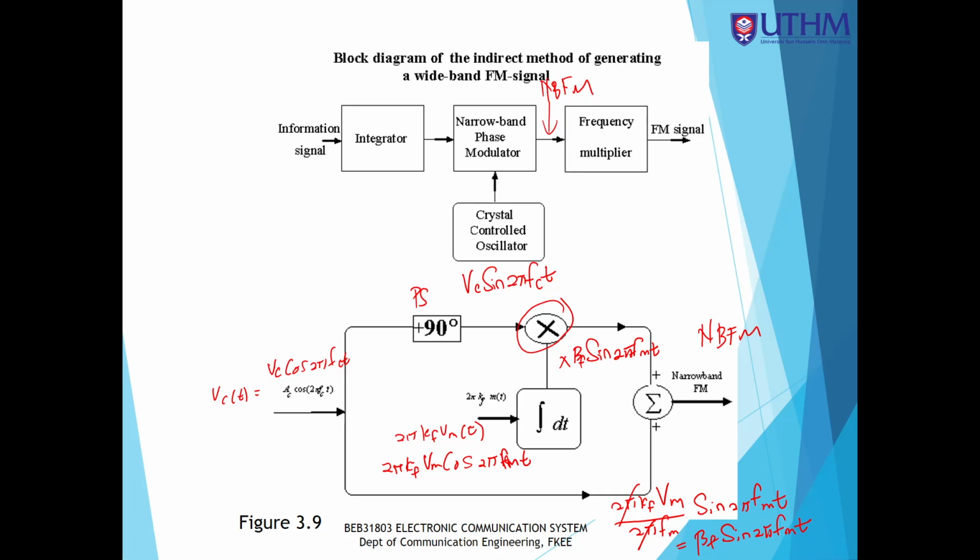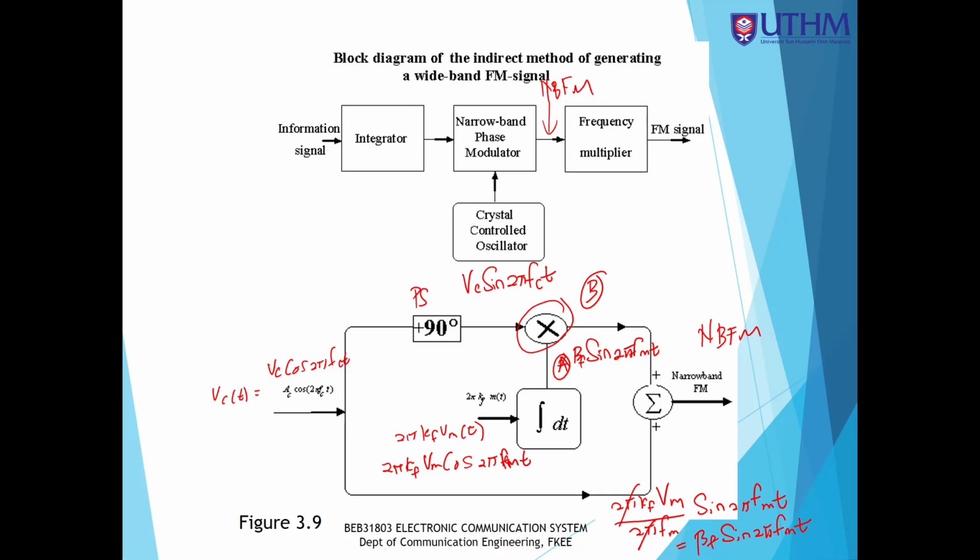Ini seperti balance modulator. So you see that dia akan membuat proses darab. Okay, so apa yang berlaku pada point di sini katalah ini point A. Okay, ini point A, point B. Okay, so point B adalah bersamaan dengan hasil darab.